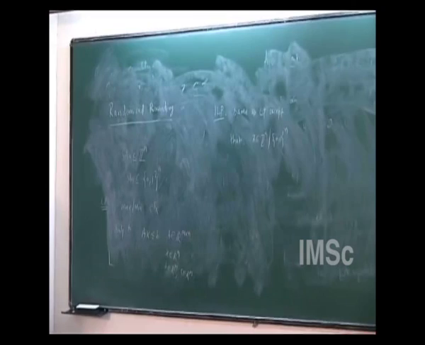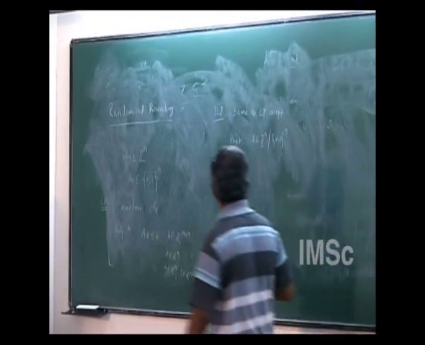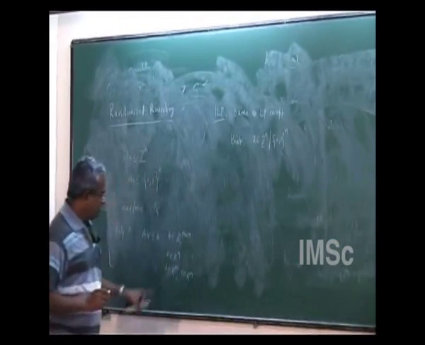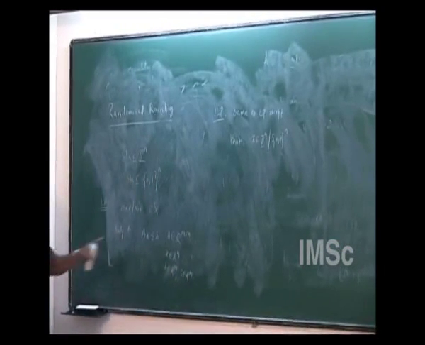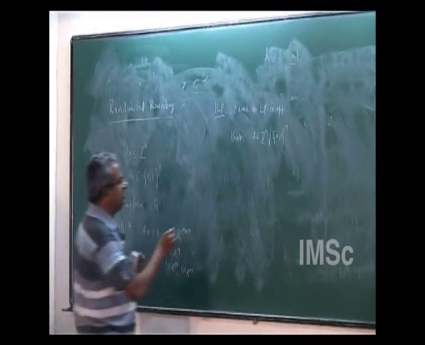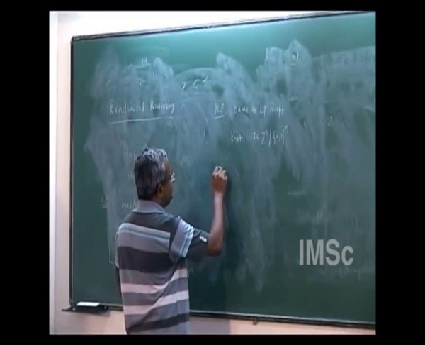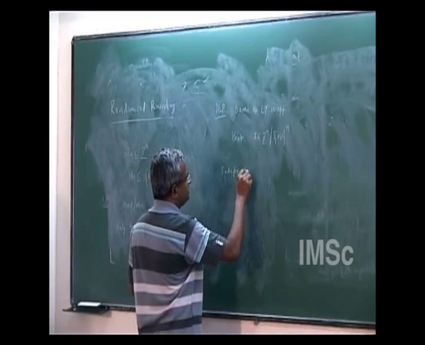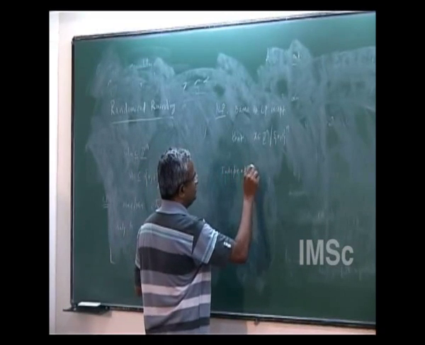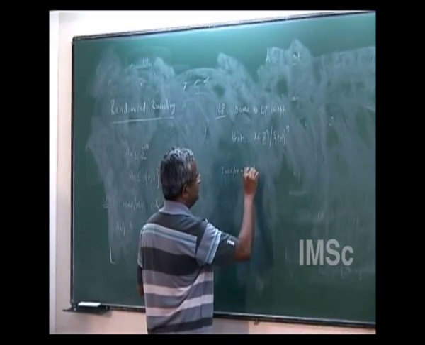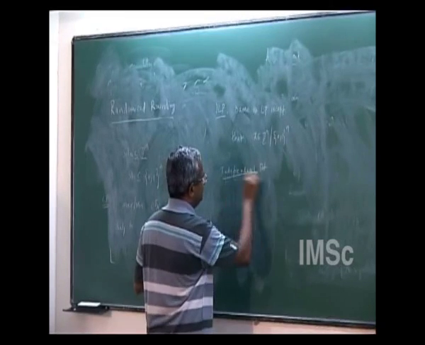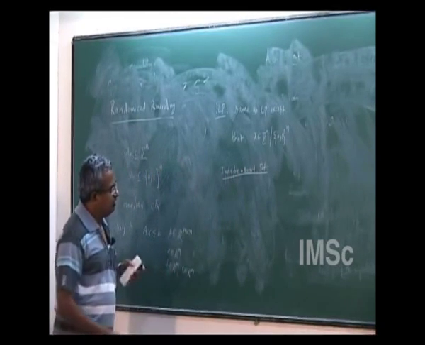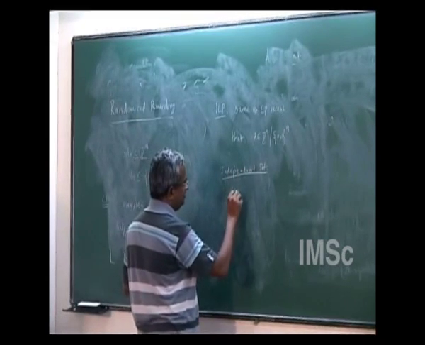So let us now look at a specific example of a formulation of a linear program. Let's take this independent set problem. So the goal is, given a graph G. Okay.